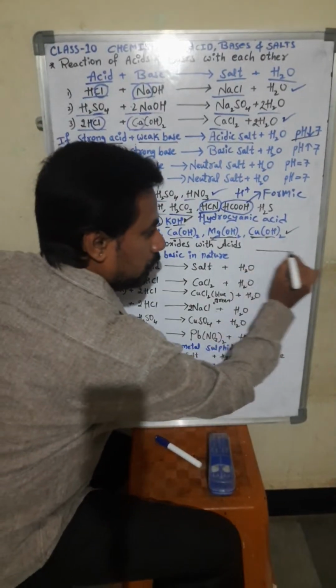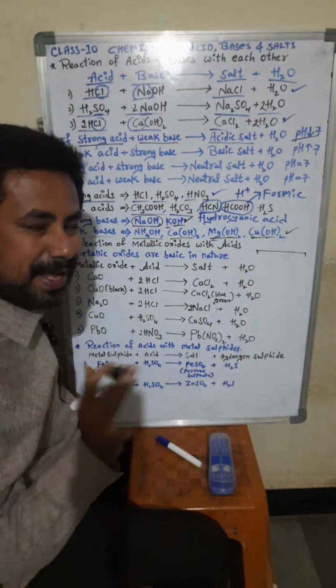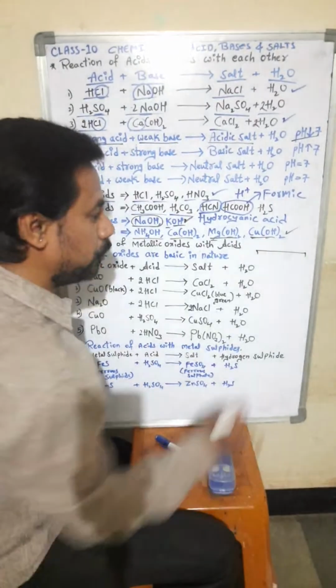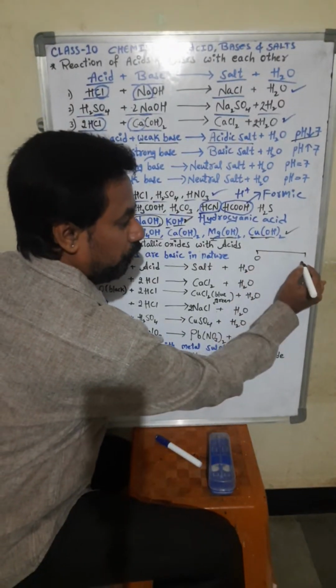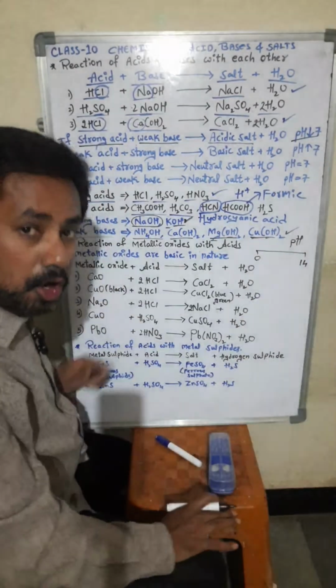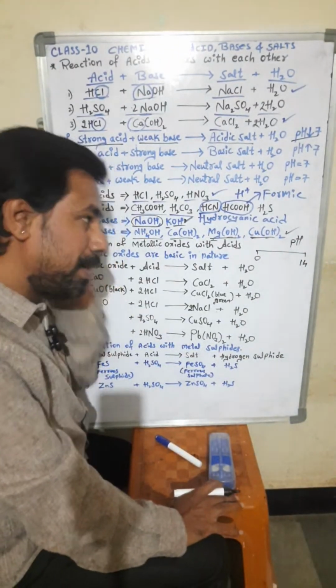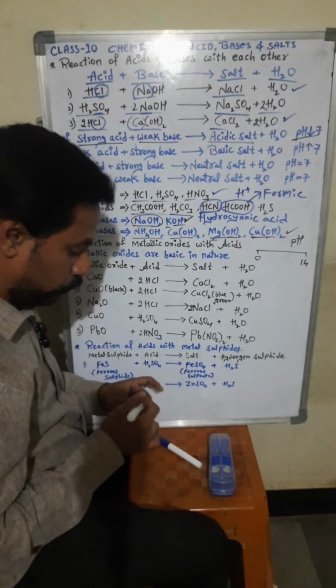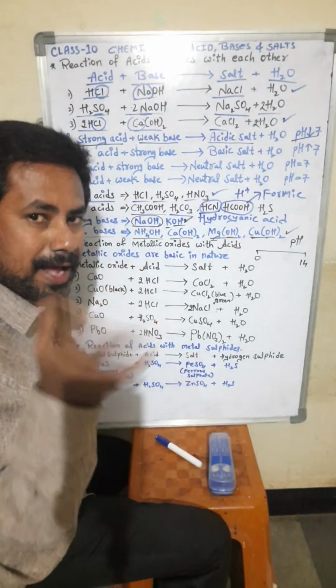So roughly I will tell you about the pH scale. In detail we are going to study afterwards. 0 to 14 is the range of the pH scale. What is pH? Potential of hydrogen. Hydrogen is more, acid.